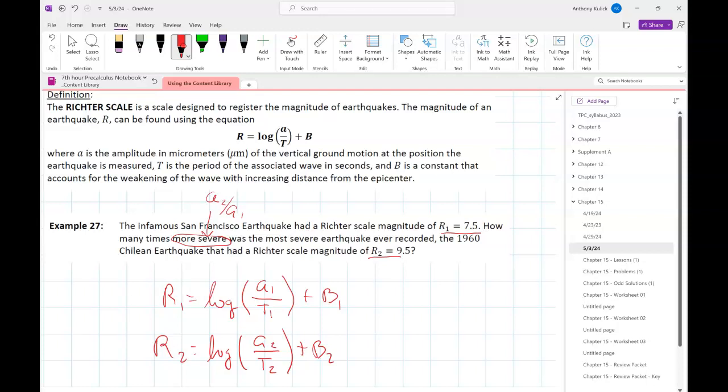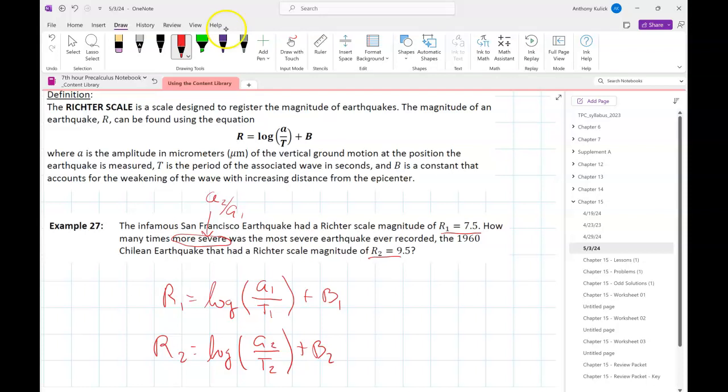If it's twice as bad, then A2 over A1 should equal 2, right? If it's asking how many more times something is than something else, you're just talking about if I divide those two things, what number do I get? Is everybody okay with that? So we're going to be trying to solve for A2 over A1.